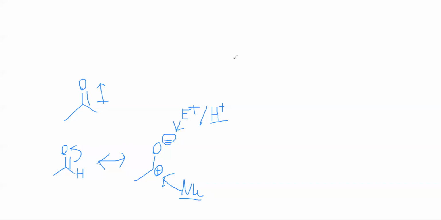And in terms of naming, if I have a structure like this, you have to number the carbons if it's a ketone, so you know where the ketone is. This has 4 carbons, so it has the but-. And you use the -one ending for ketones, so this is 2-butanone.